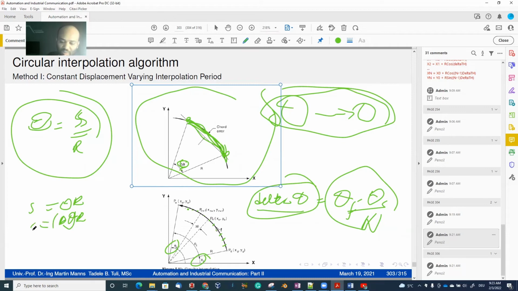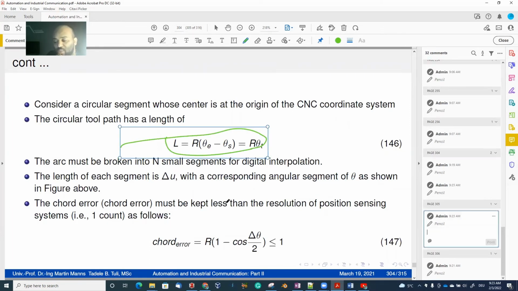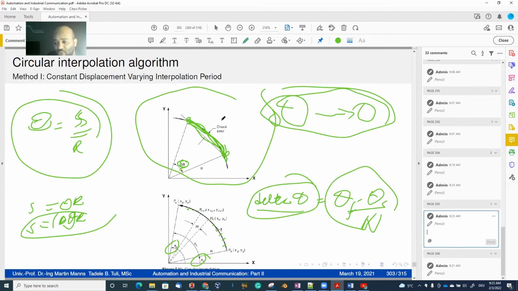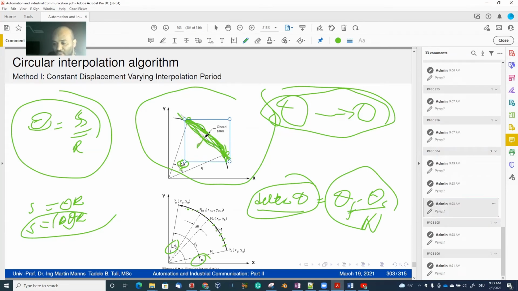From this we can calculate the chord error. The chord error is the distance between the arc and the line which connects the two arc endpoints. That distance is called chord error, and that is where we formulate the representation.